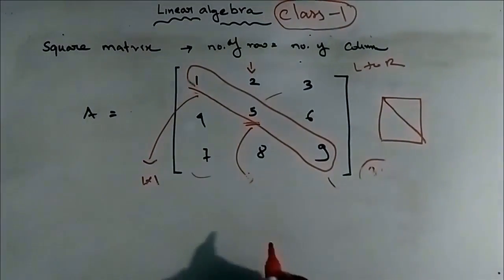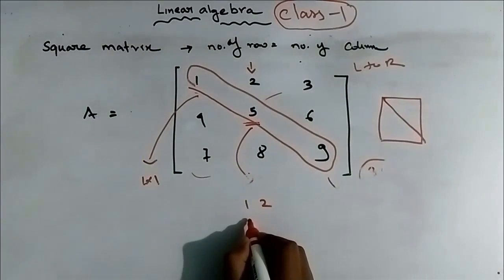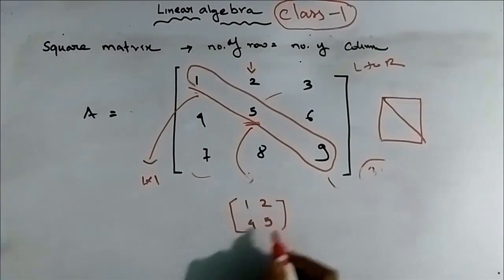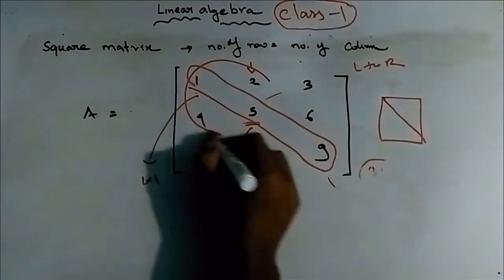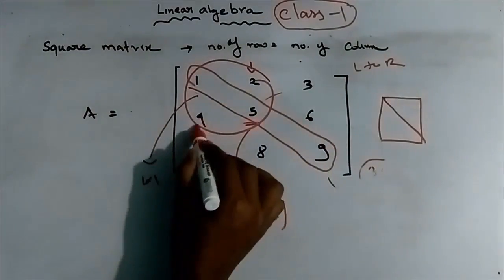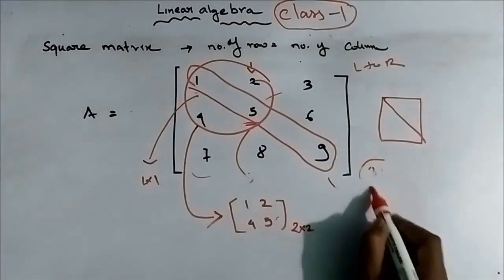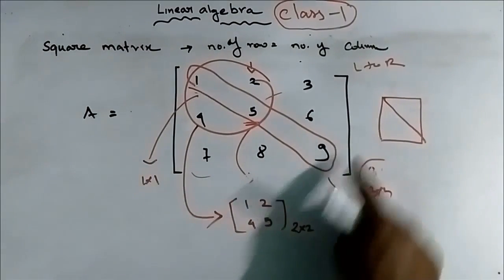Suppose I write 1, 2 and 4, 5. You can see I take 1, 2, 4, 5, I take this portion of this matrix and write it here. This is of order 2 cross 2, which is less than 3 cross 3. So this must be a submatrix of this main matrix.